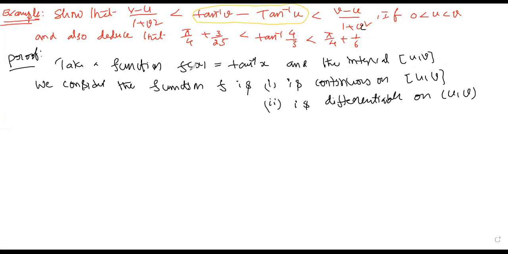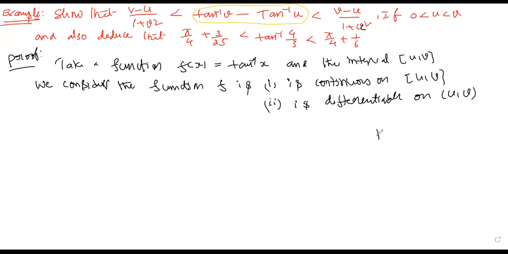First we take f of x equals tan inverse of x on the interval u comma v. Why do we have to consider this? Because for some functions, for any interval, it may not be possible.